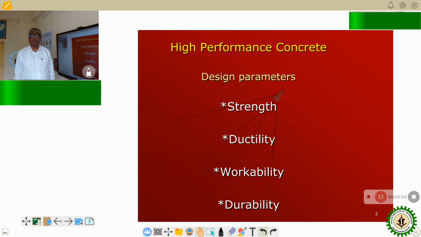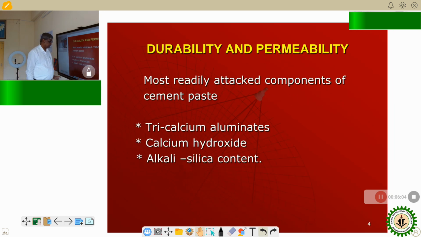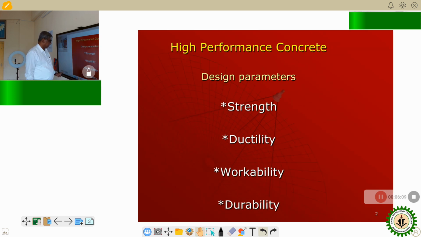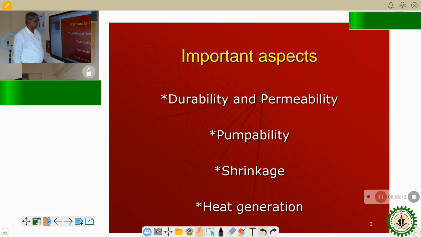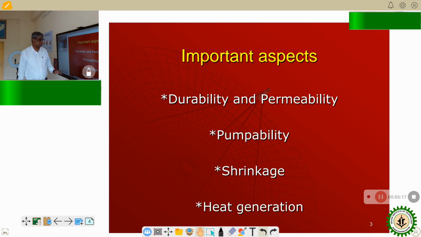Normally those concretes can be used successfully for high-rise buildings, which people are using. So these are the things we have to remember, and these are very important aspects.